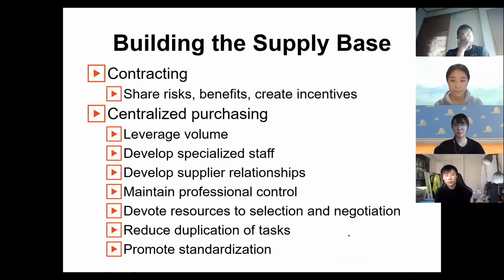Of course, there are also contracting issues. Contract means you have to develop contracts with the suppliers, what kind of arrangement and so on. So you need to share the risk and so on. Okay. There are also methods of centralized purchasing.